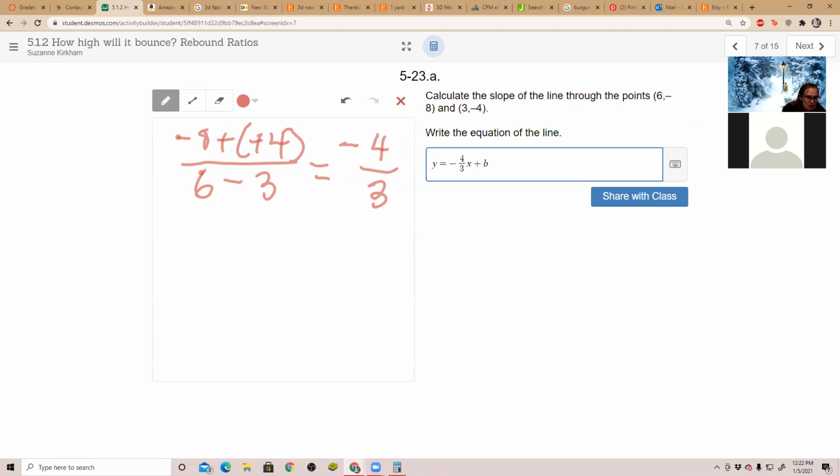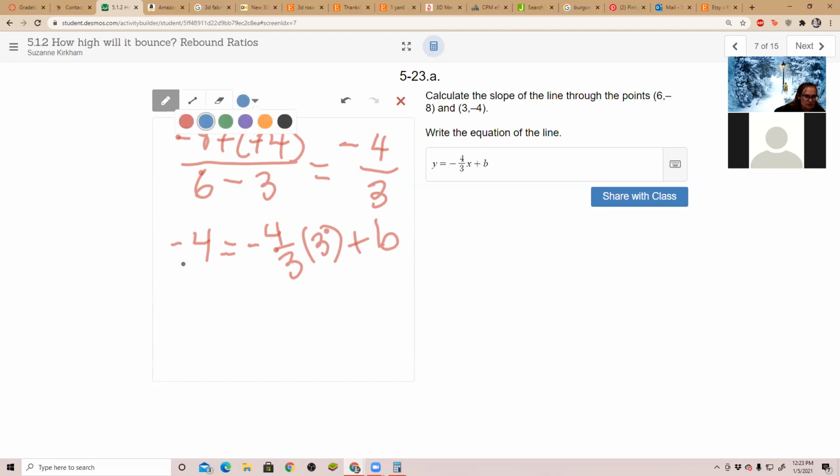and I plug it into my equation. So for y, it's -4, so I'll say -4 equals -4/3 times x, and the x I'm going to use is 3, so I'll times that by 3, plus b. And now I just solve for b. So -4/3 times 3, that will cancel out our 3's. And I'll have -4 equals -4 plus b.